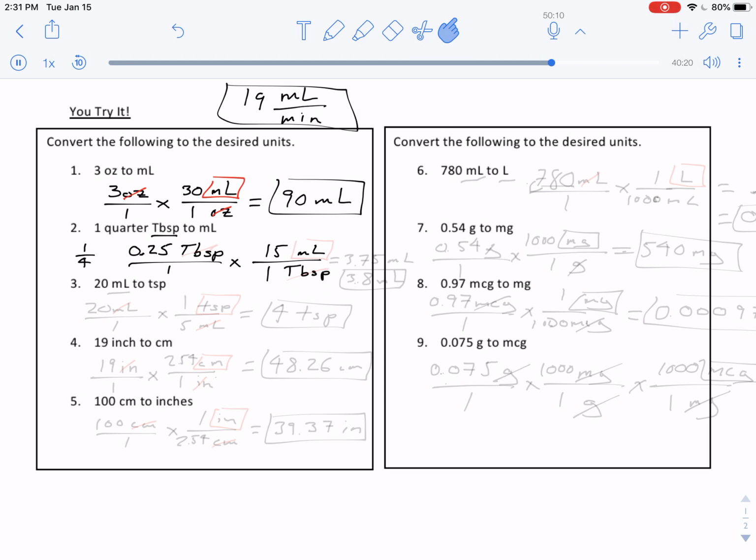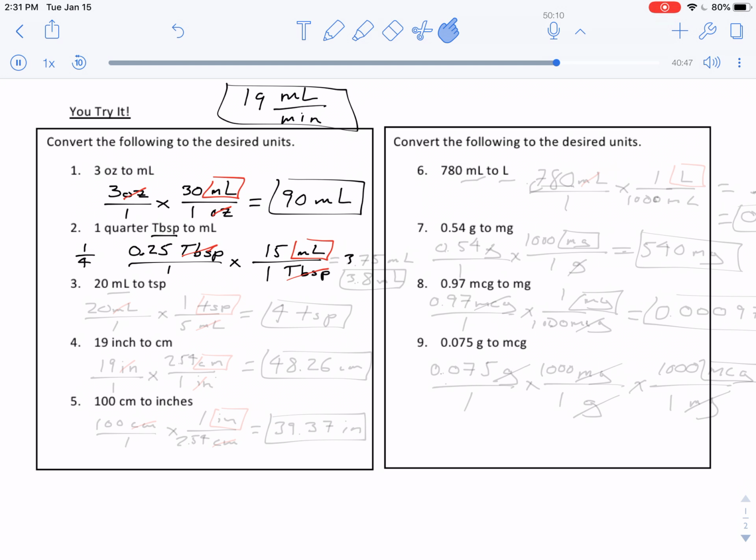And now I get to see my tablespoons canceling, and I'm left over with my milliliters. I can't do this math in my head, so I'll do it on my calculator. 0.25 times 15 equals 3.75.